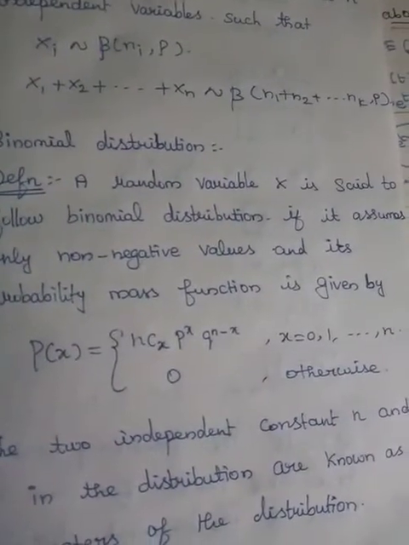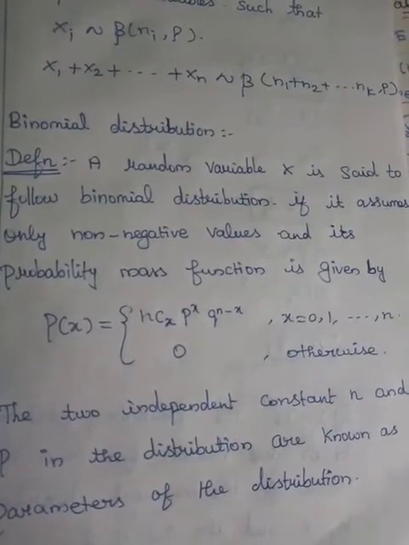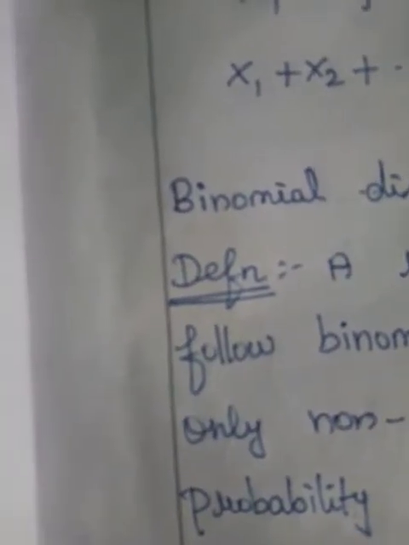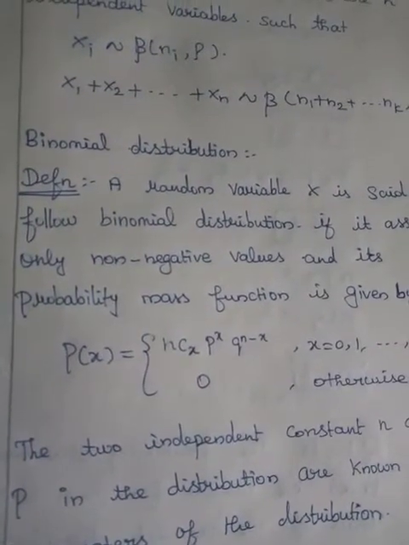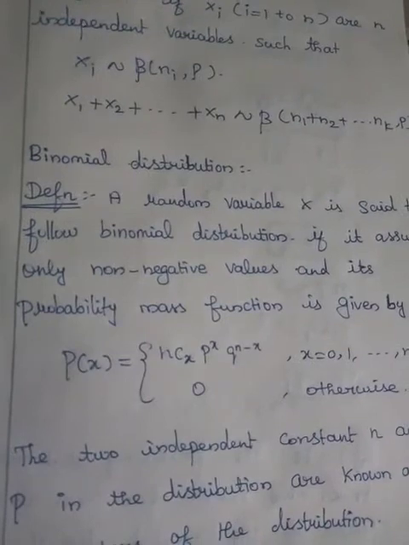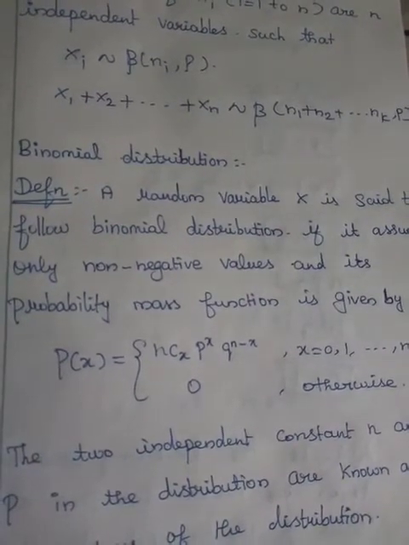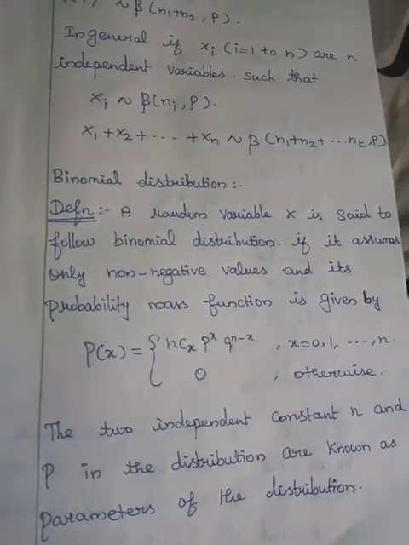Definition: a random variable X is said to follow binomial distribution if it assumes only non-negative values and its probability mass function is given by p of x is equal to nCx p power x into q power n minus x, x is equal to 0, 1, 2, etc., n, and 0 otherwise.